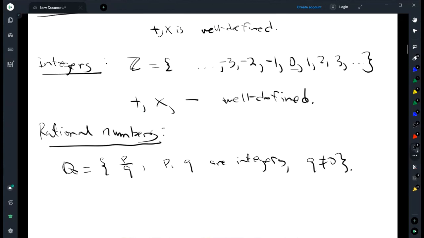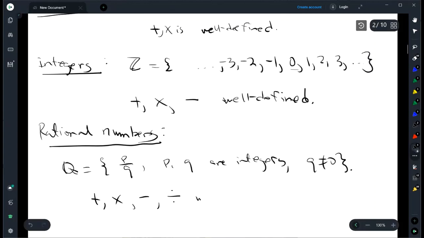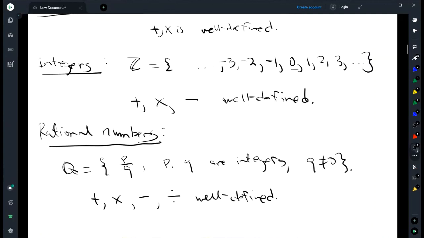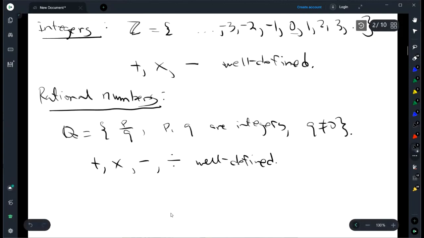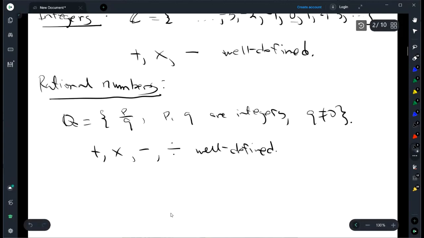Now, for the set of rational numbers, the addition, multiplication, subtraction, and division are all well defined. That means the quotient of any two rational numbers must also be a rational number.